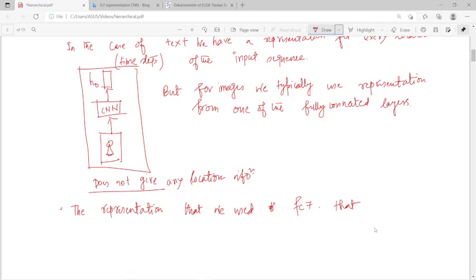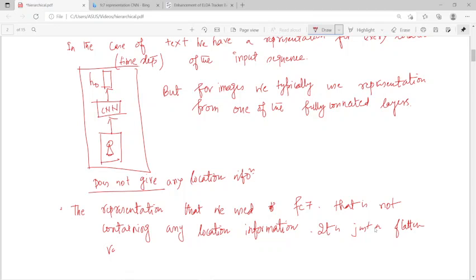And of course that will not contain any location information. It is just a flattened vector that we have.